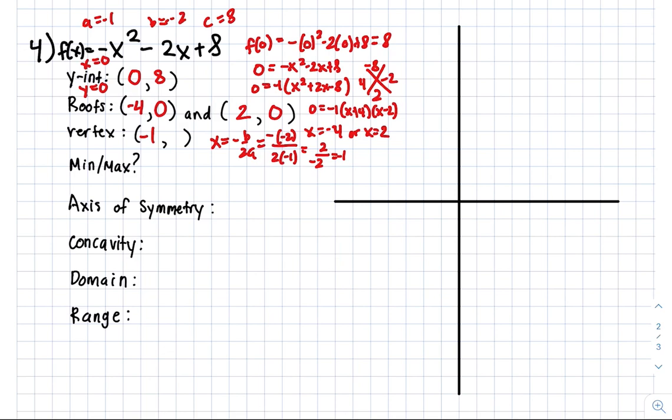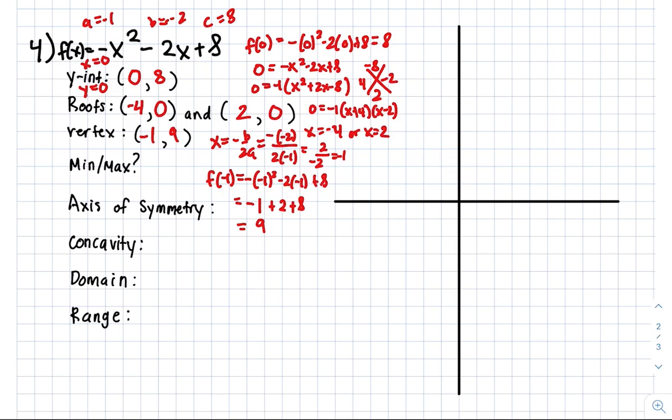Now let's substitute negative 1 into the original so that we find our y value. Negative of negative 1 squared minus 2 times negative 1 plus 8. That's going to be negative 1 plus 2 plus 8, so that's going to be 9. So we got negative 1 comma 9.